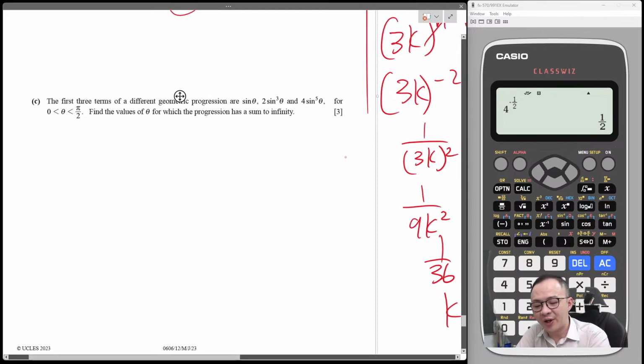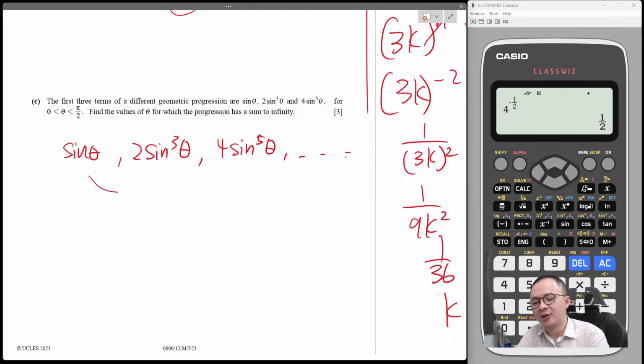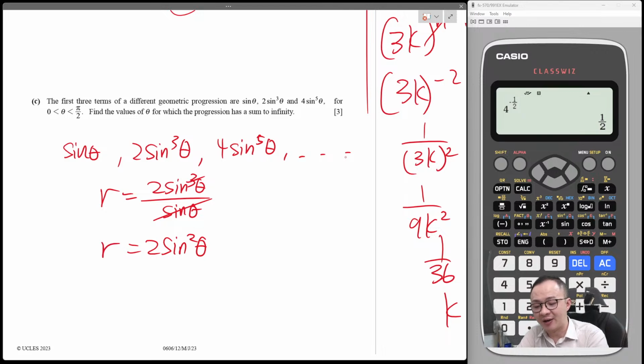So right now we have something like sine theta plus the next one is 2 sine square cube theta. Then this one is 4 sine power of 5 theta, and so on. So from my observation, I can find the r. Take the second term divided by the first term, isn't it? So if I cancel, this is 2 sine square theta, is my r.